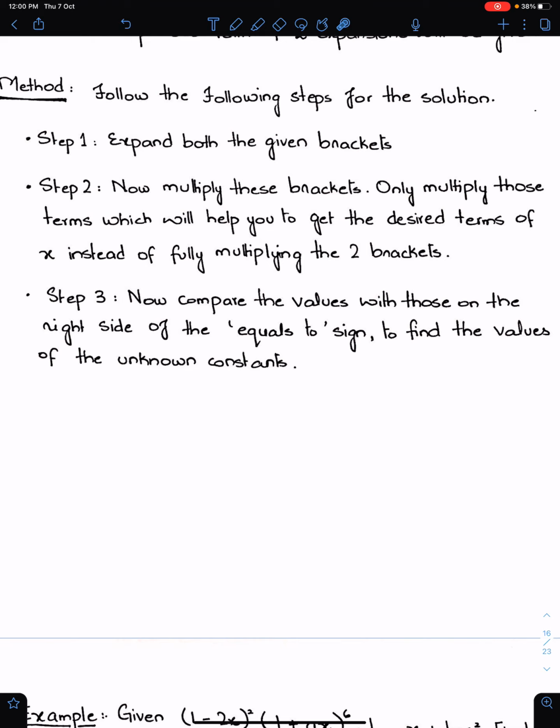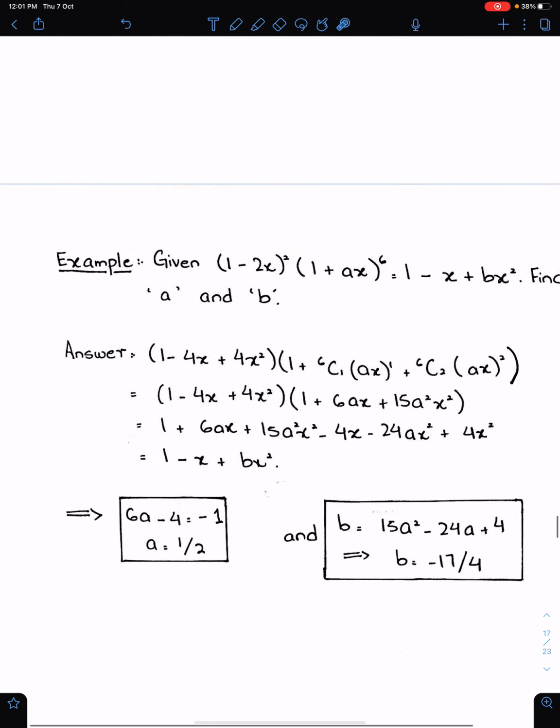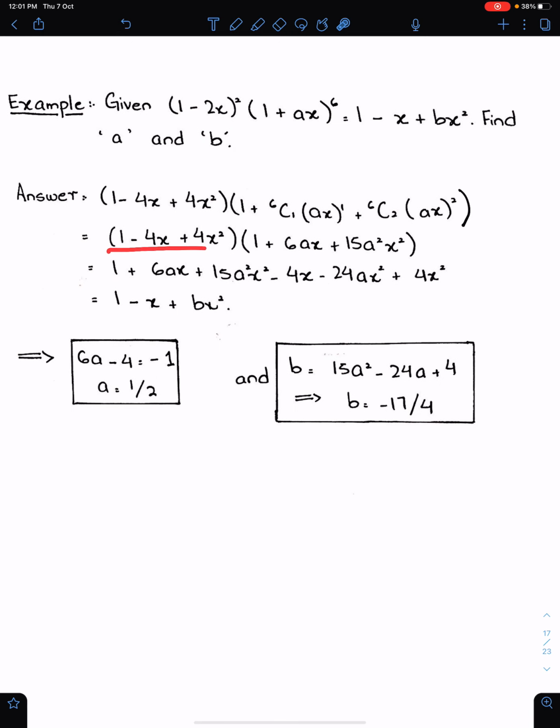Now multiply these brackets. Only multiply those terms which will help you to get the desired terms of x, instead of fully multiplying the two brackets. We did not multiply these two brackets completely. We just multiplied the selected terms, and we got this answer. Now the last step is to compare this expanded form with the given expanded form.